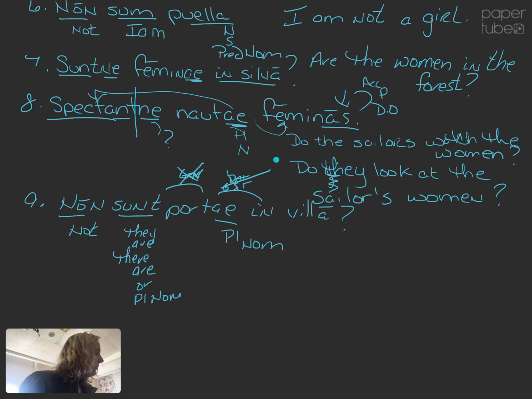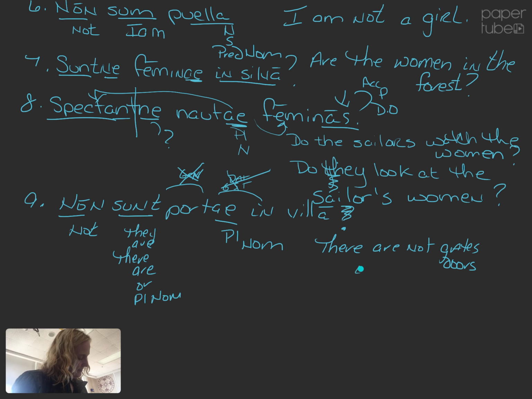So this is not a question, it's a statement. So I have either there are not gates or doors in the farmhouse. That's my ablative place where, in villa.